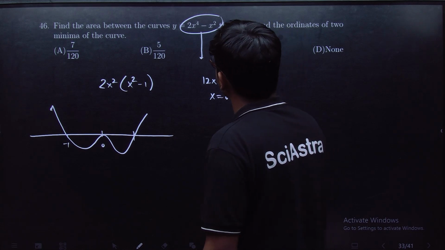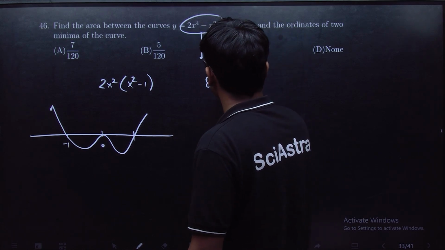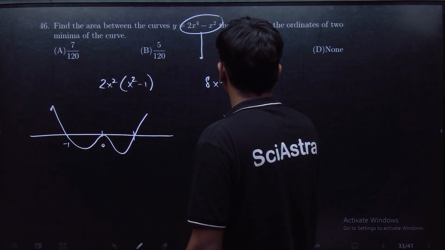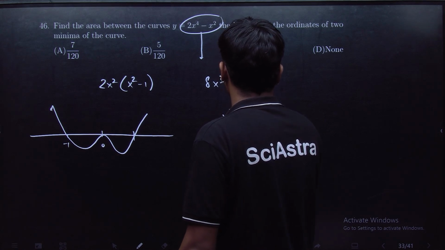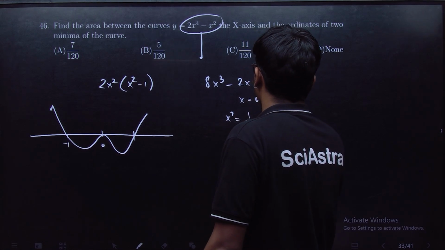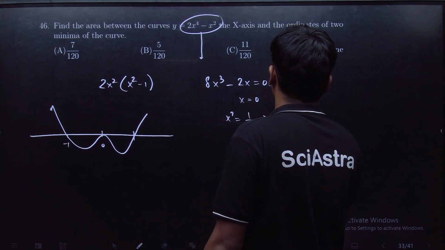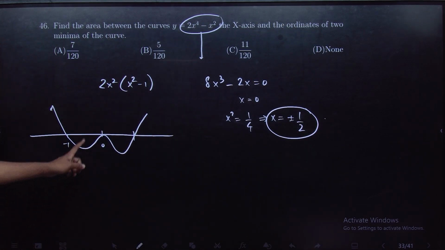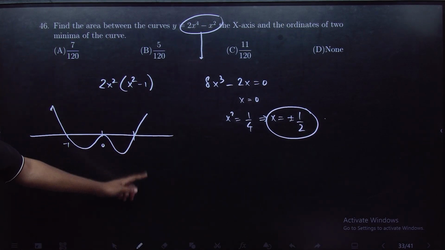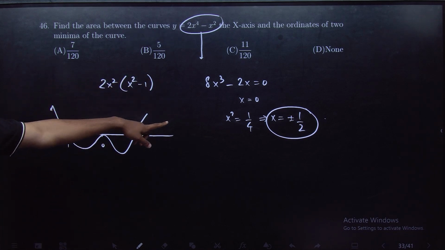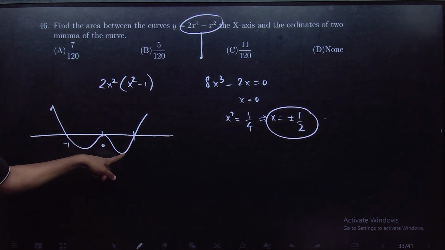So either x is equal to 0 or x square is equal to 1 by 4, which means x is equal to plus or minus half. Now you can clearly observe that at minus half and plus half, the function is definitely negative, and at 0, it's exactly equal to 0. So it's a point of local maxima. These are points of local minima.